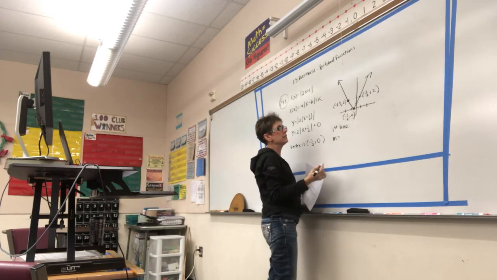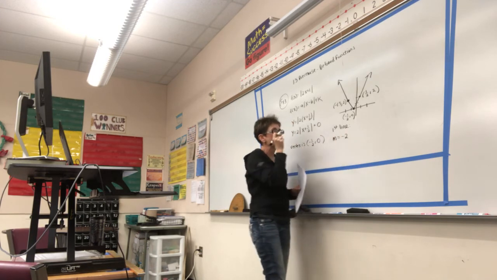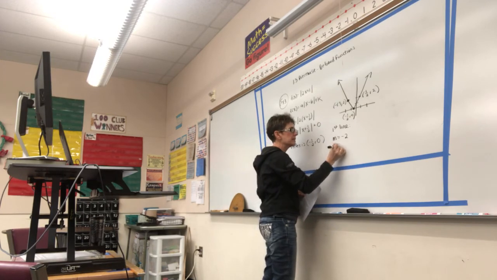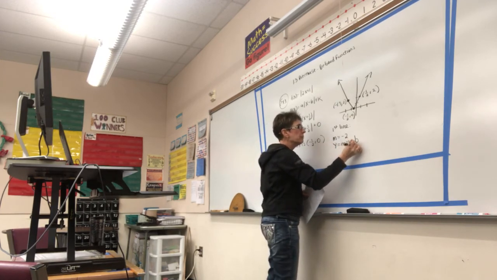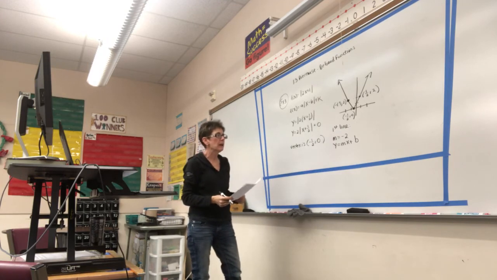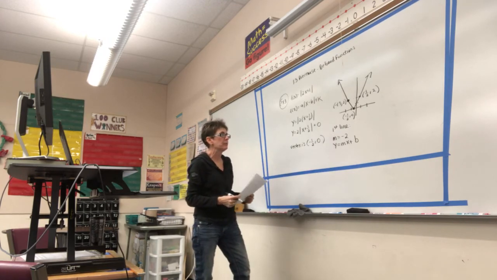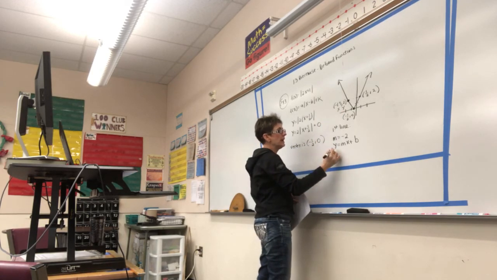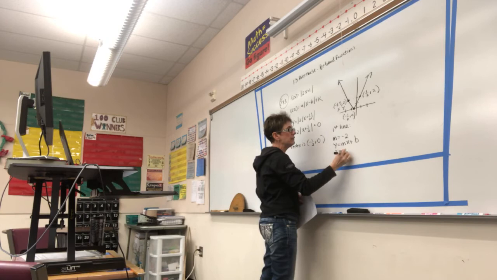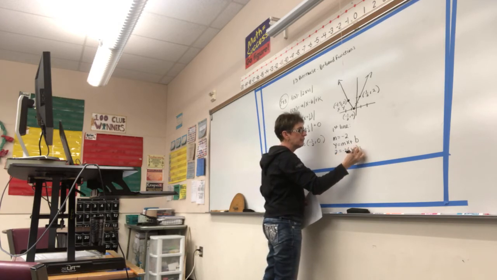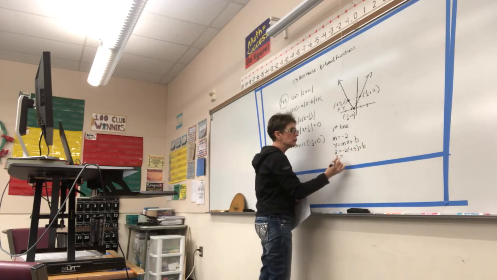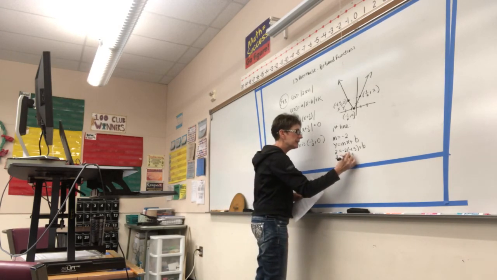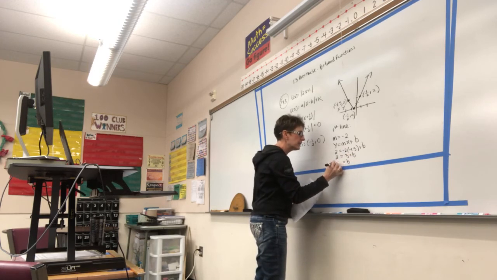The first line has a slope of -2 because we're going down 2 and over 1. If we want to find what b is, we can plug in the slope as well as the point that we've been given. Here's our x and here's our y, and solve for b. So I have 2 equals -2 times -1.5 plus b, or 2 equals +3 plus b, or b equals -1.